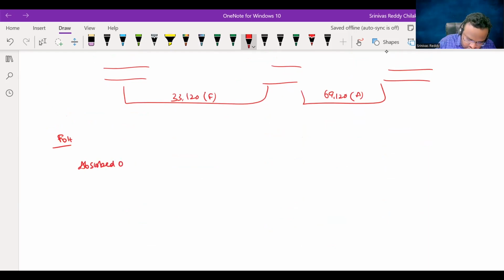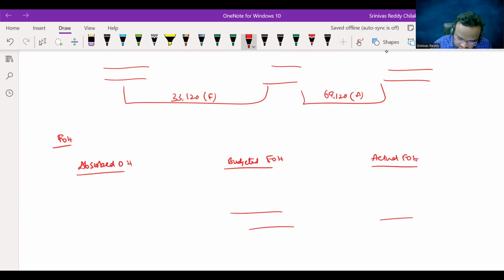So I'll put budget fixed overhead, actual fixed overhead. Expenditure variance between budget and actuals is about 1,80,000.